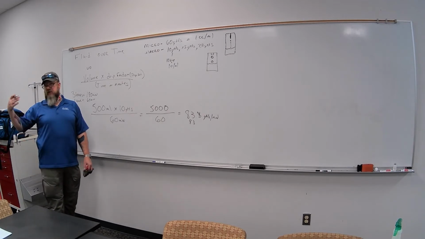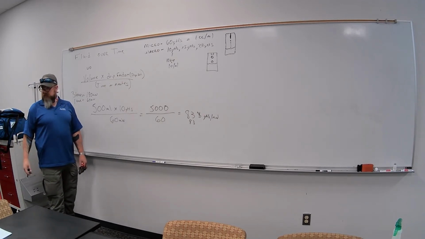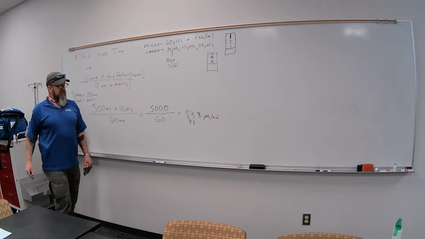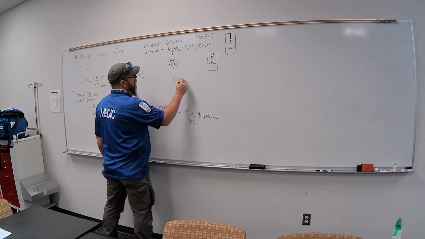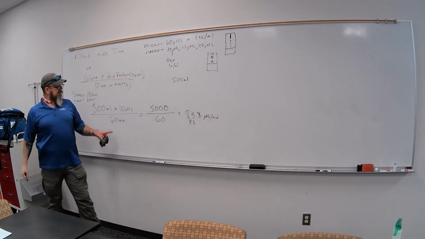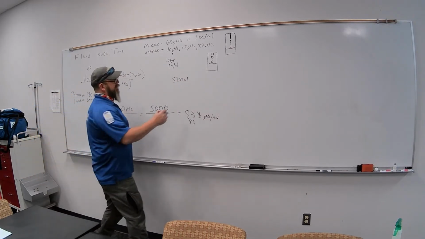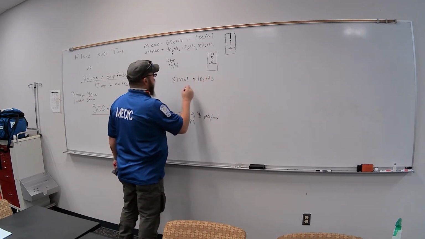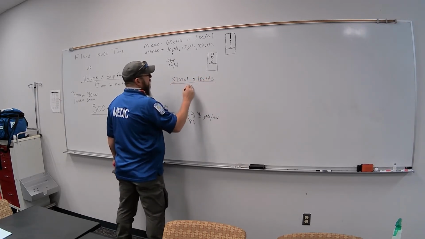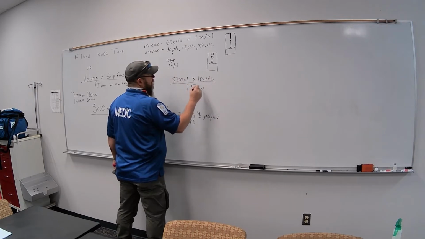Alright, how would I set that up? Put everything over 15. So I'd go 500 ml times your 10 drop set over 15 minutes. Right?